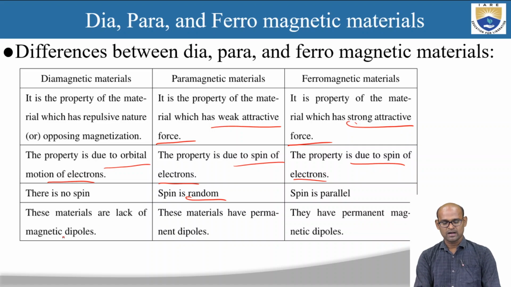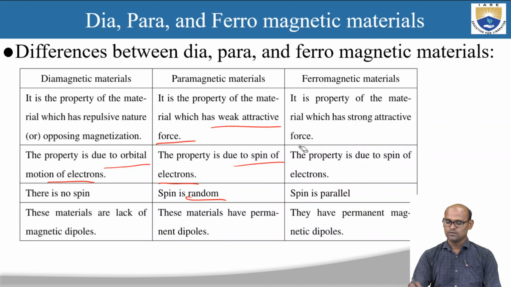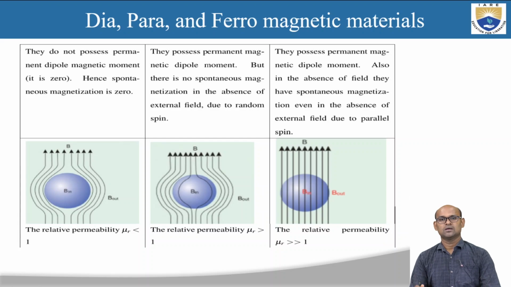Diamagnetic materials lack magnetic dipoles. There are no permanent dipoles in diamagnetic materials, whereas paramagnetic and ferromagnetic materials have permanent dipoles.